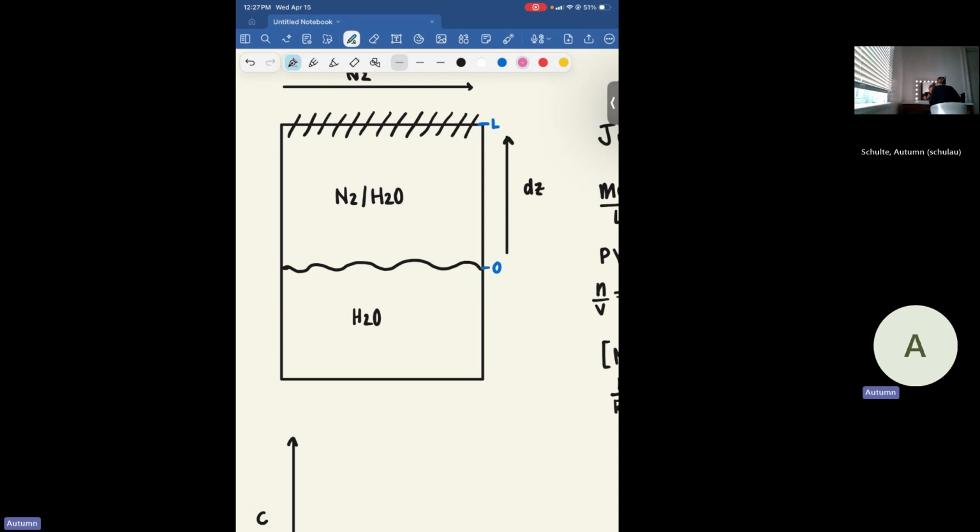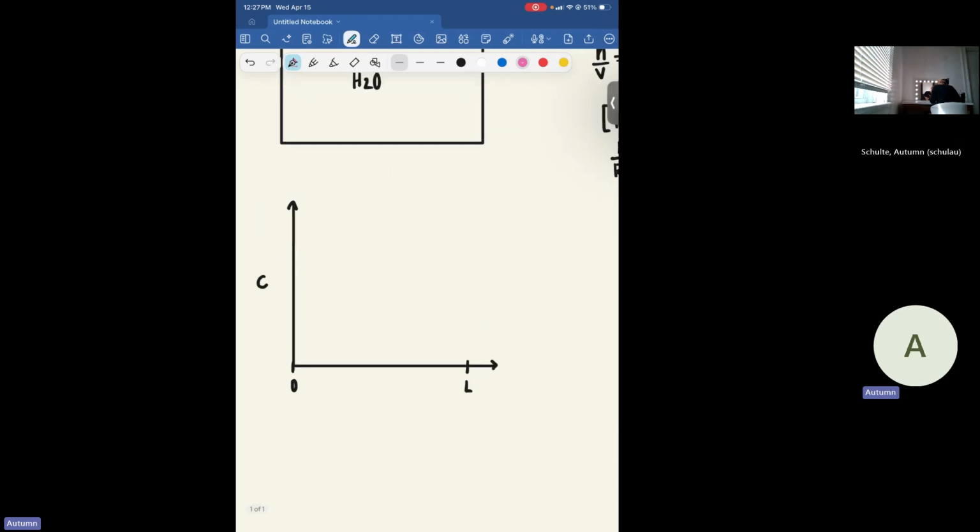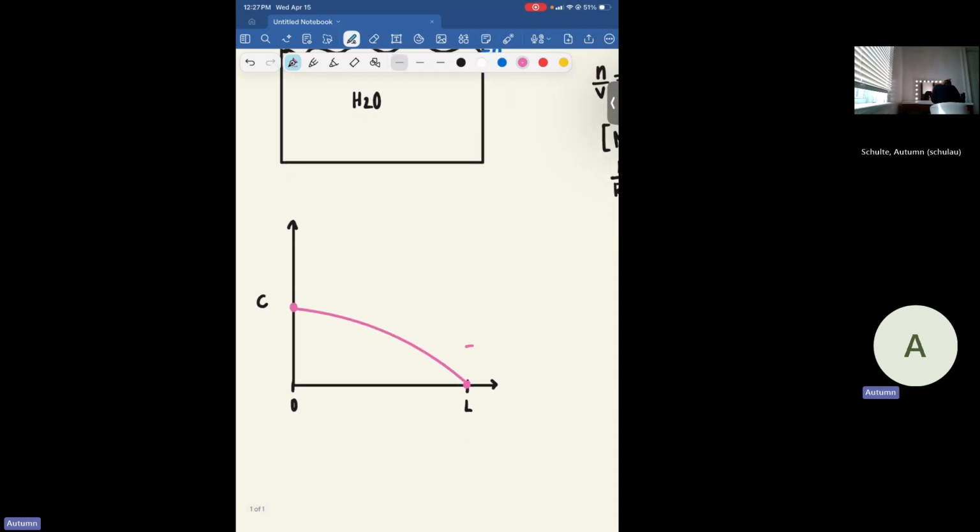And then as you move up to position L, that concentration of water goes down. So starting at position 0, the concentration of our water is at the highest. Then as you move towards L, it decreases. So we're going to have this sort of trend right here for our water.